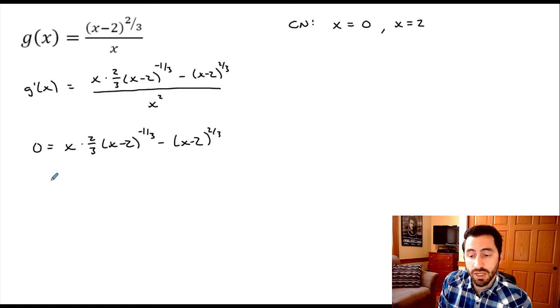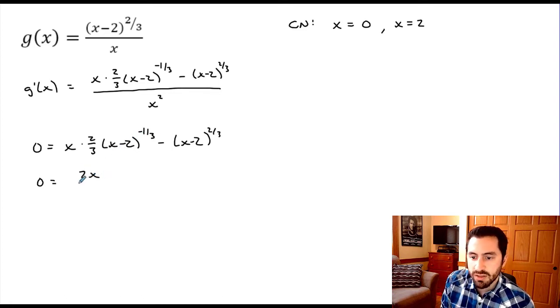Now let's go through and try to solve for x. The first thing I'm going to do is clean this up a bit with a little rearranging. In our first term, we have a negative exponent, so I'm going to move that down into the denominator. So let me rewrite this as 2x over 3 times (x minus 2) to the 1/3, and then we have minus (x minus 2) to the 2/3.